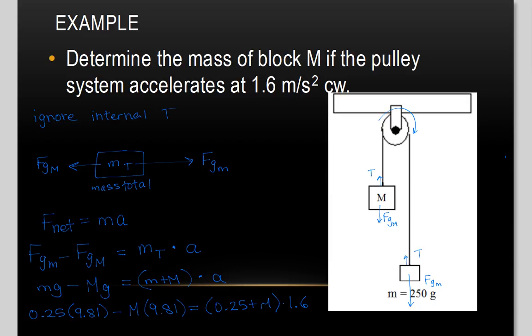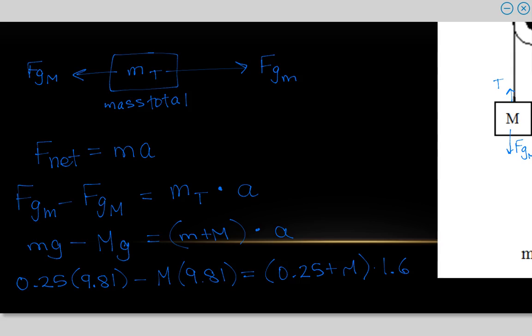Okay, starting from the left, 0.25 times 9.81, I got 2.4525 minus 9.81 capital M equals. Now what are you going to do with the right side? You have a bracket, a binomial, times a coefficient. What can you do?